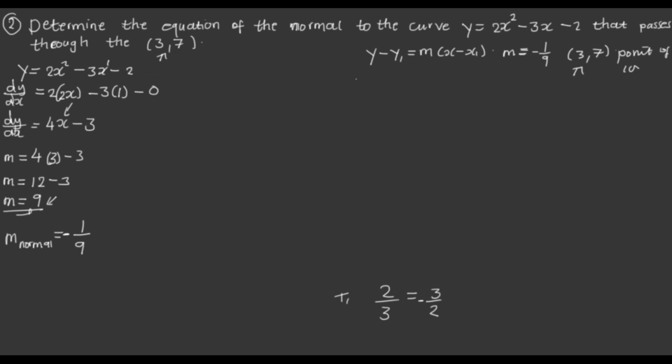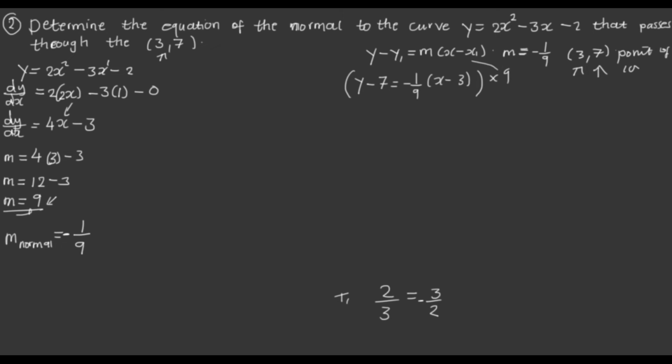So we can now proceed: y minus our y1, which is 7, equals gradient negative 1 over 9, times x minus x1, which is 3. So we can simplify, but let's multiply everything by 9 so that we get rid of the fraction.